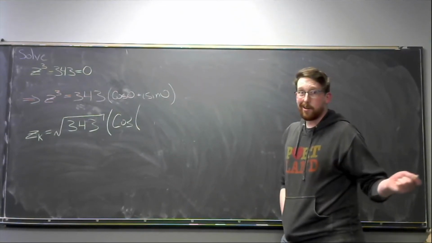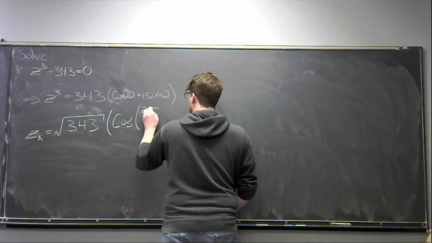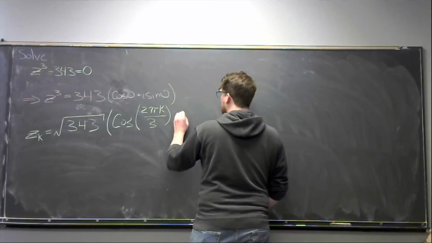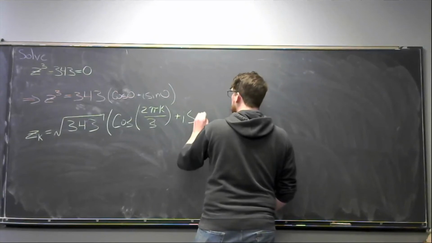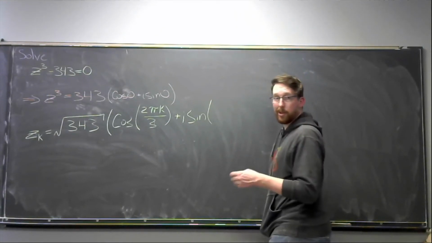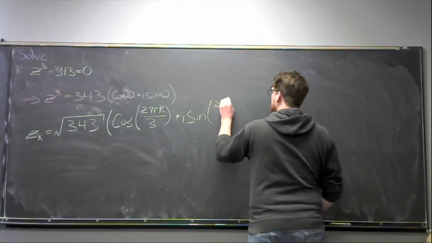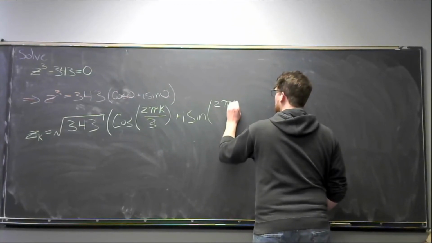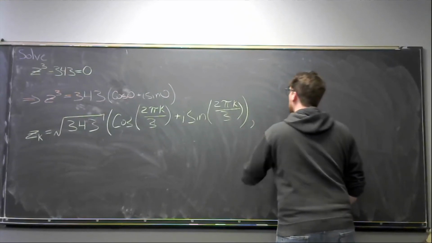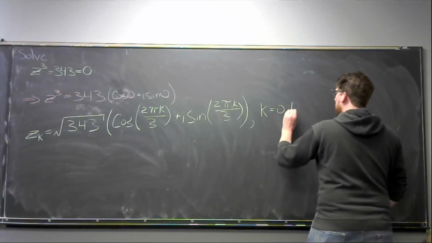Well, our original angle is 0, so it's just going to be 2 pi k divided by 3, plus i sine of theta plus 2 pi k divided by 3 again, which is just 2 pi k divided by 3, where k is equal to 0, 1, and 2.